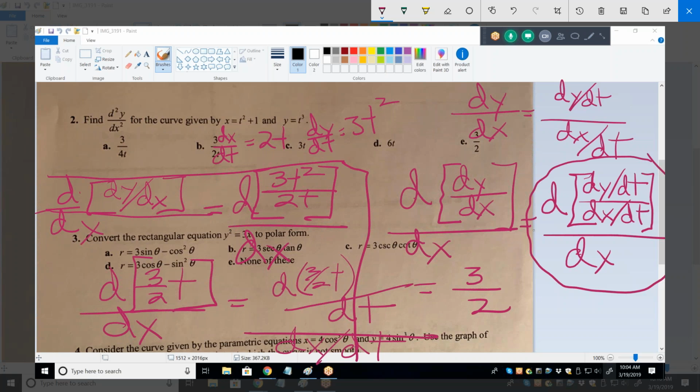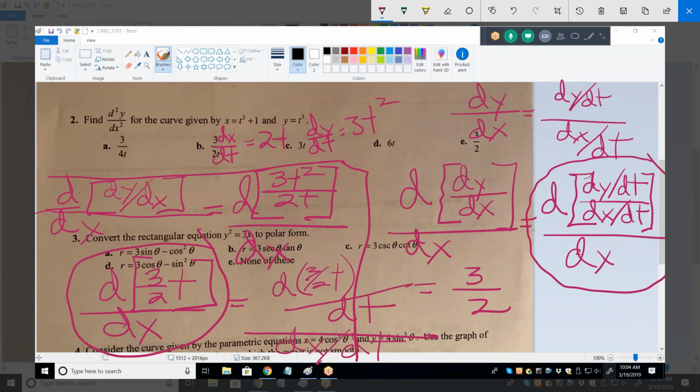Right. t is equal to plus or minus the square root of x minus 1. Question is, how do we do that?